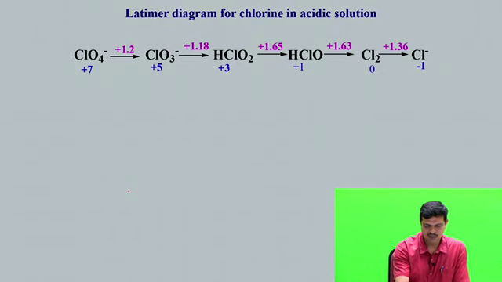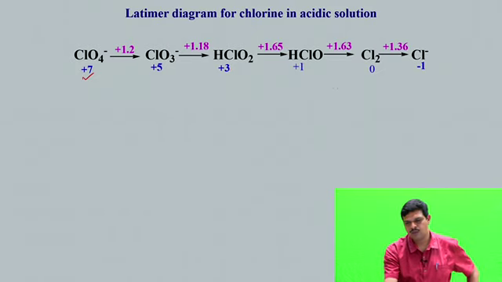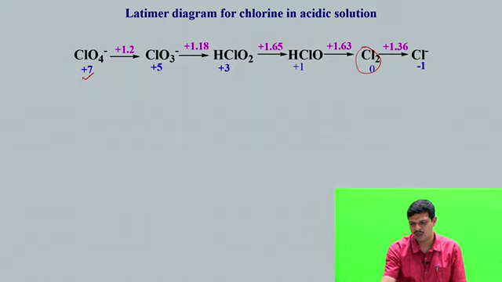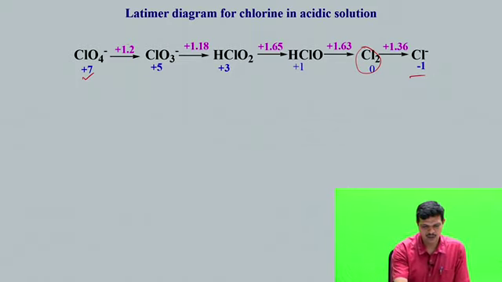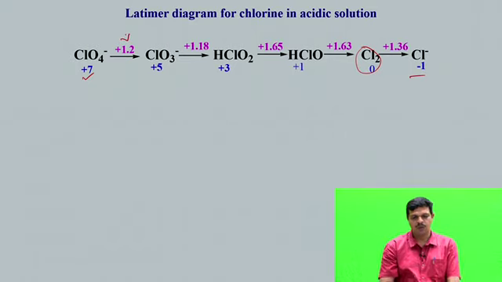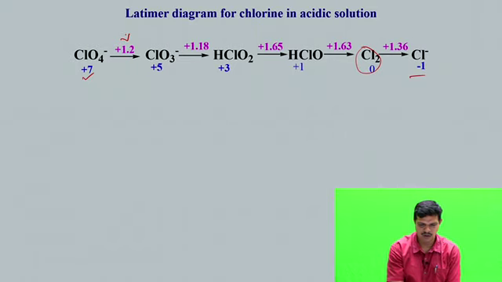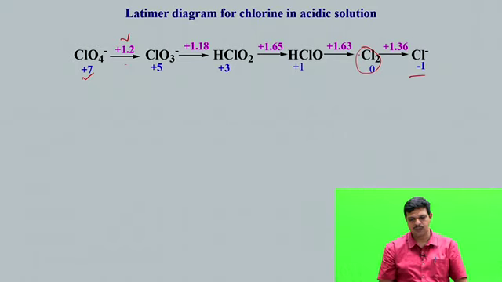This is the +7 oxidation state, ClO4 minus perchlorate, and here you will see ClO3 minus, HClO2, HClO, and this is the 0 oxidation state Cl2 and lastly chloride. As I told you, this is all in volts, so by convention you need not write the unit. You see 1.2, 1.18, 1.65, 1.63, 1.36.